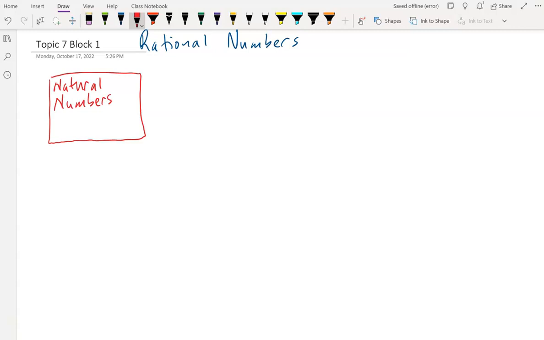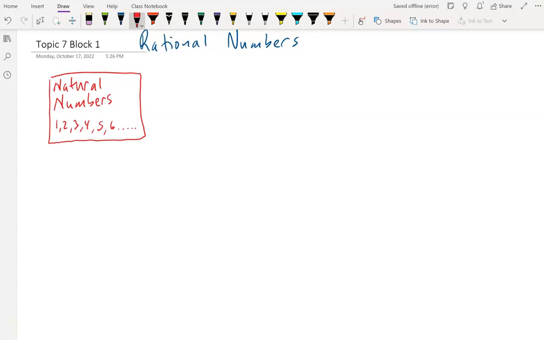The natural numbers we have talked about before, but maybe you forgot. Those are your counting numbers, the numbers that you first started to learn, starting with the number 1 and 2 and 3 and 4 and 5 and 6 and so on forever. All those numbers that you could count on if you had enough fingers and toes, and your friends' fingers and toes, and so on. Those are the natural numbers.